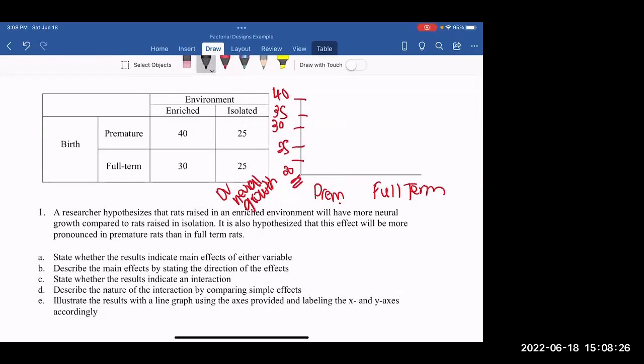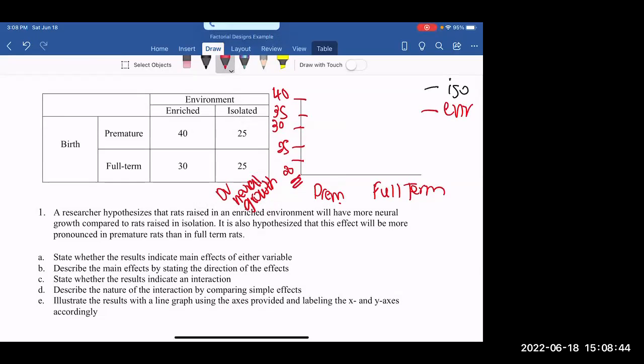So the black will indicate isolated, and the red will indicate enriched. So let's look at it this way.